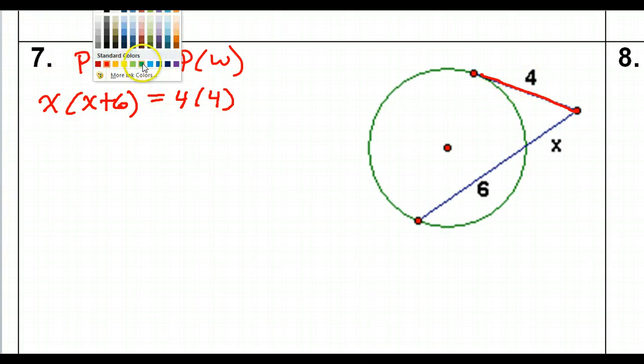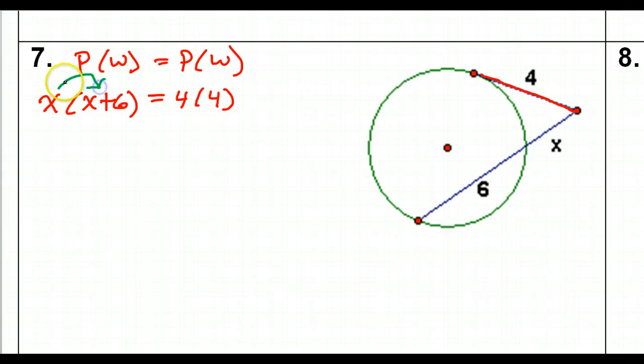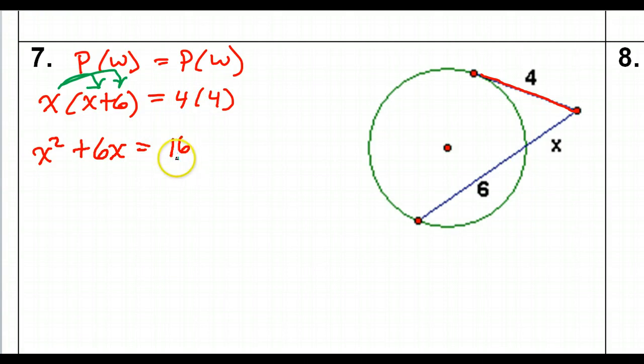So, distributive property tells us, kabam! So we're going to have, well, x times x is x squared, plus 6x is equal to 16. Now, as soon as I see that I've got x squared and x, I'm thinking probably I'm going to use the quadratic formula.